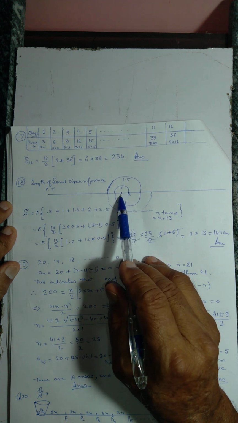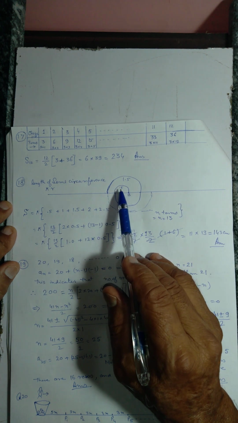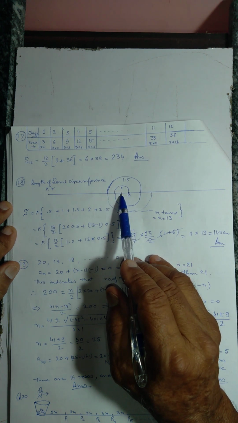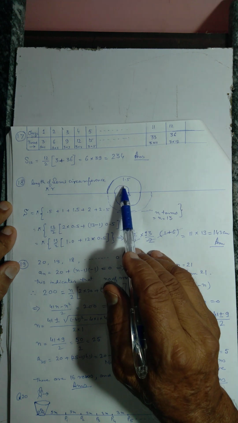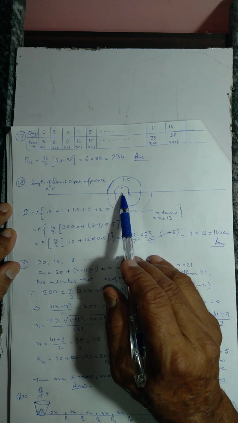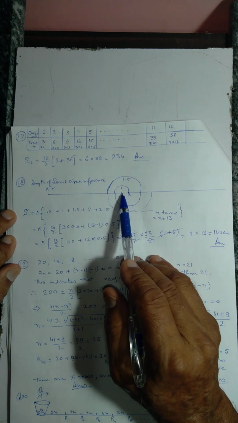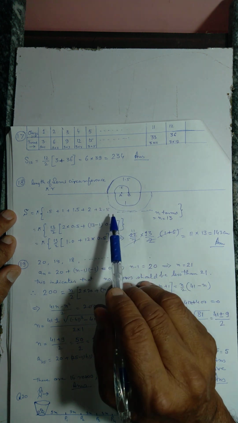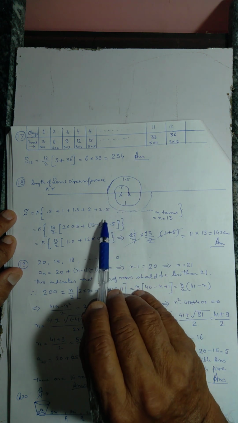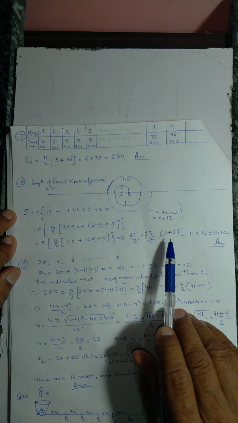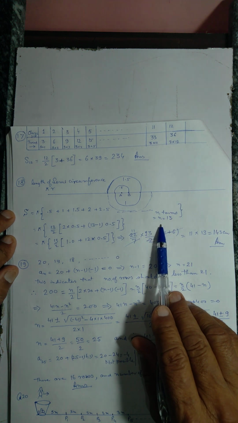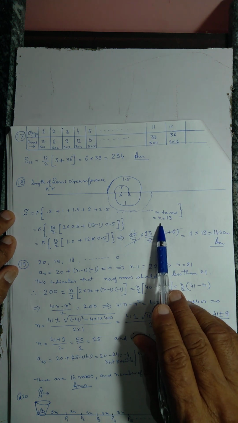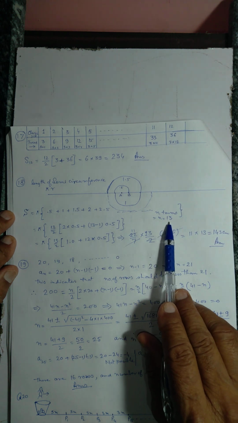Again, for the third semicircle, the center will be A and its radius will be 1.5 centimeter. So we have to find the total length of the spiral, and here the number of semicircles is 13. N is equal to 13.